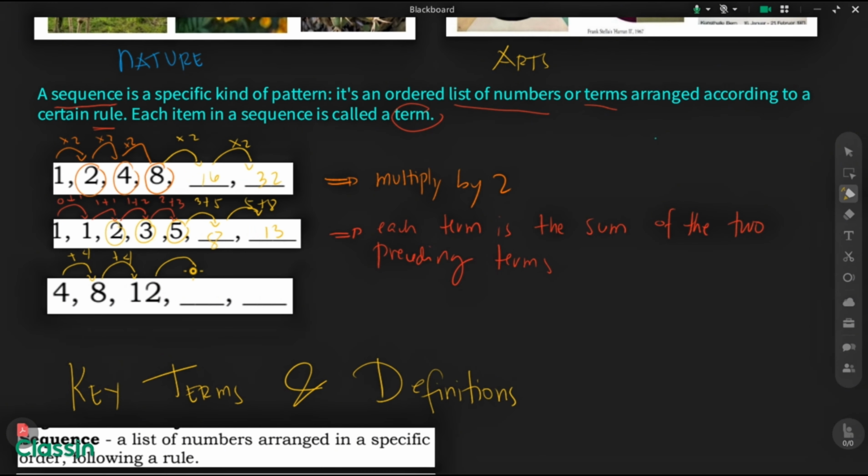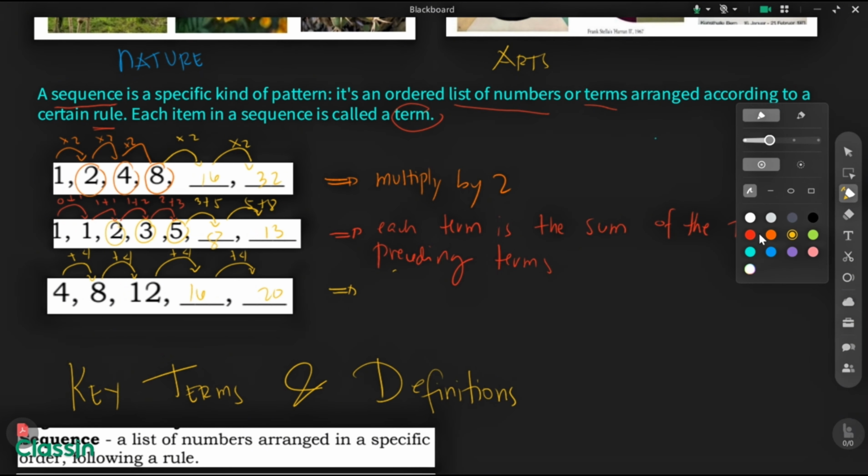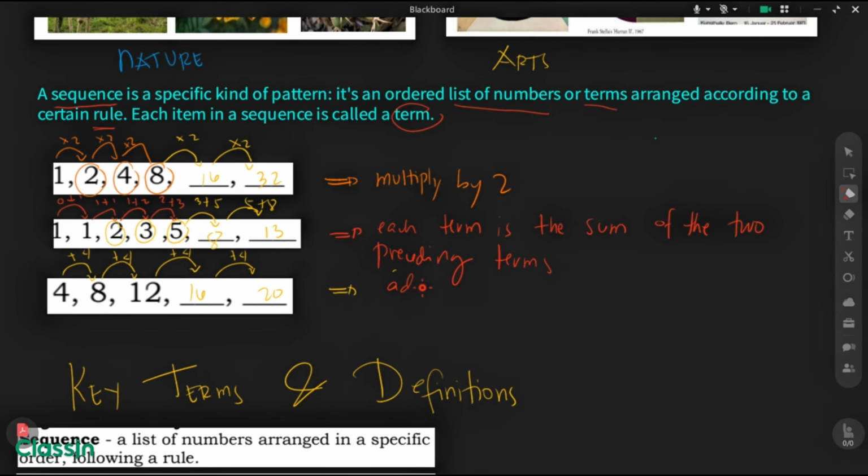The next is 12 plus 4, 16. And the last one is 20. So the pattern in this sequence is add 4.